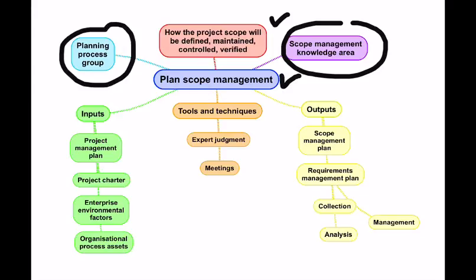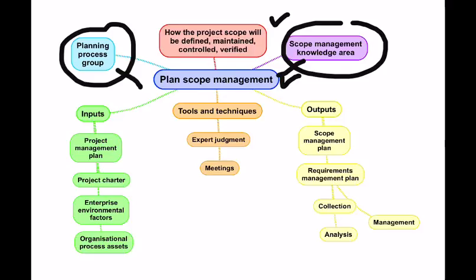We discussed earlier, every process in the project management body of knowledge is linked to one process group and any one of the knowledge areas. So plan scope management is linked to the planning process group, and it is linked to the scope management knowledge area.